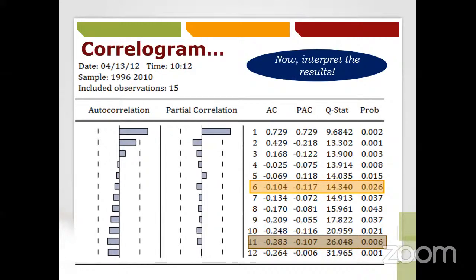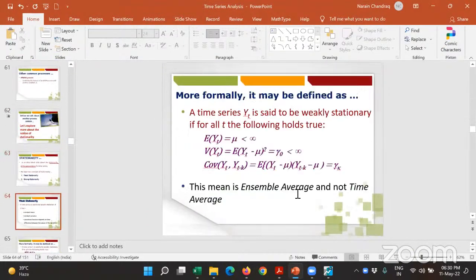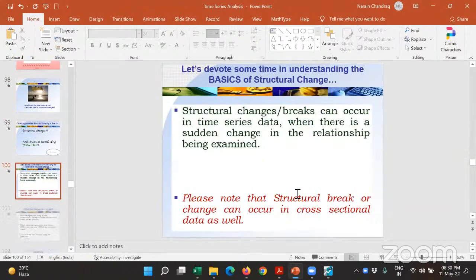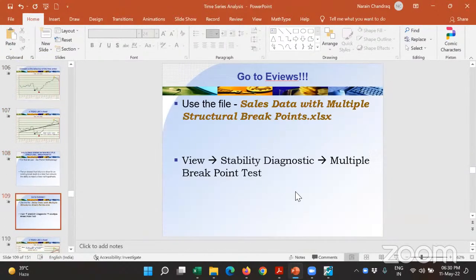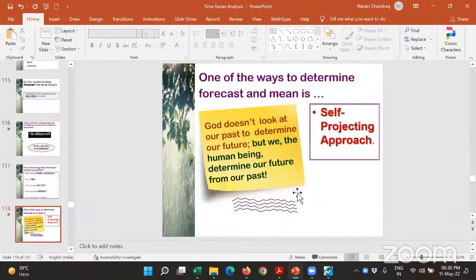If it is a very simple model, you can make out something from your correlogram. But if it is not such a simple model, then your task is to refer to a procedure called the Box-Jenkins procedure.